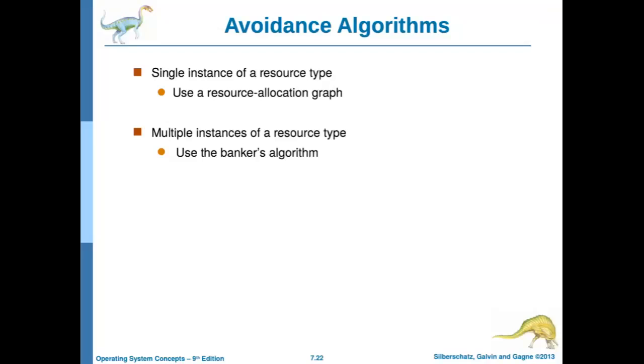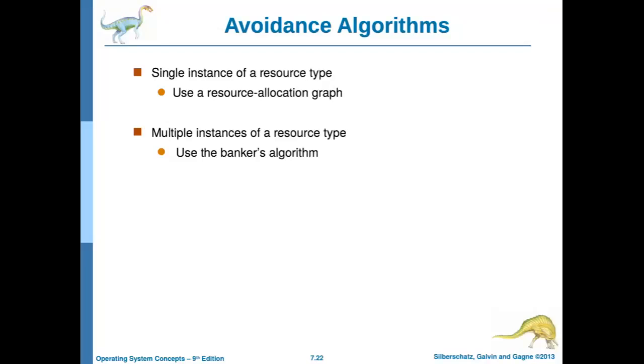And if that results in a cycle or loop, then such allocation is not permitted by the operating system. That is how to avoid the deadlock.